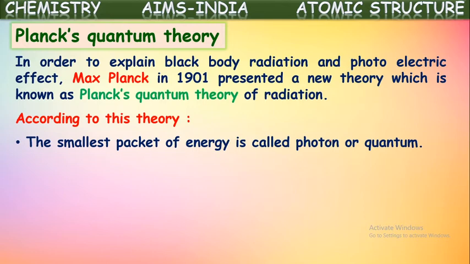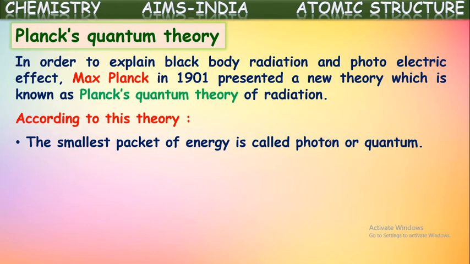Max Planck proposed that the energy emitted by any body or any radiant is not emitted in continuous form, but in small packets. Each packet of energy is called a photon or quantum.